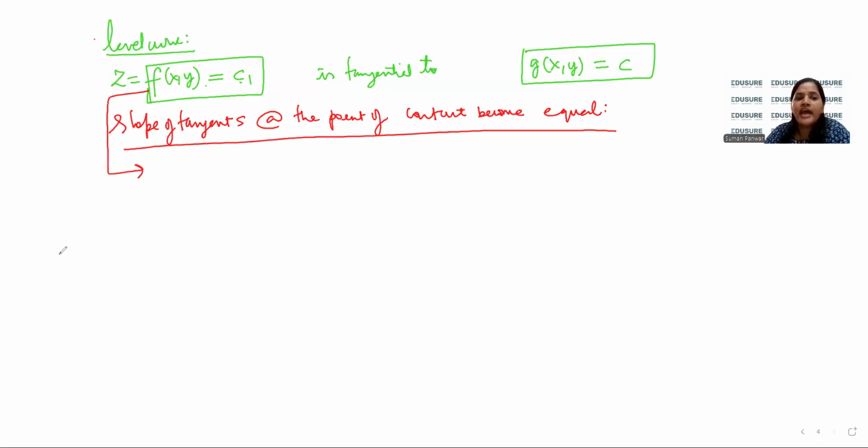So now what does it mean? It means f dash of x, y, d by dx, should be equal to g dash of x, y at the point of contact. So basically we are talking about dy by dx, and we have functions of two variables over here. So we differentiate with respect to x.